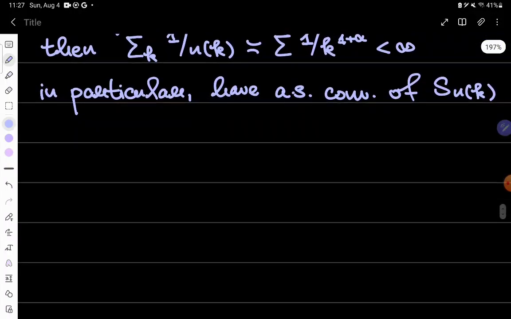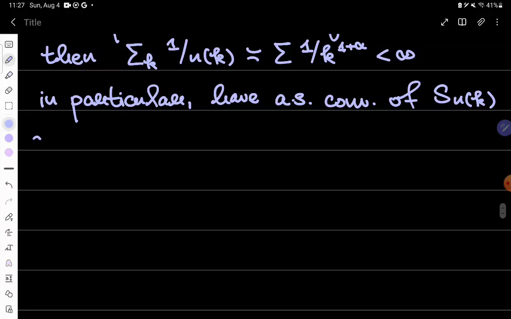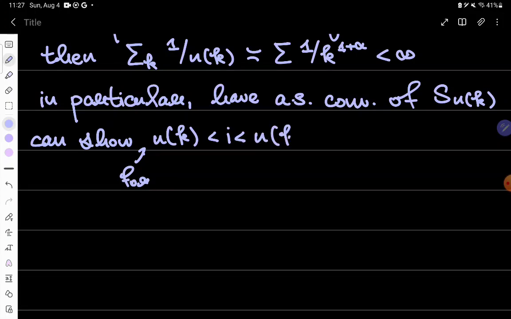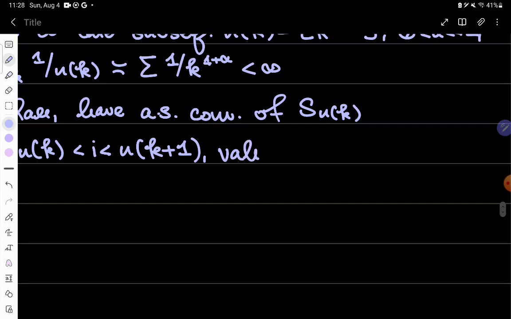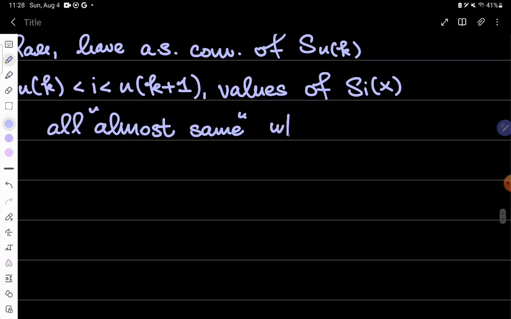Now, here's a rough argument as to how you upgrade this in some way. So you can show or formalize that for any integers that lie between two elements of the subsequence, n_k and n_{k+1}, the values of S_i of x are all almost the same with k sufficiently large.